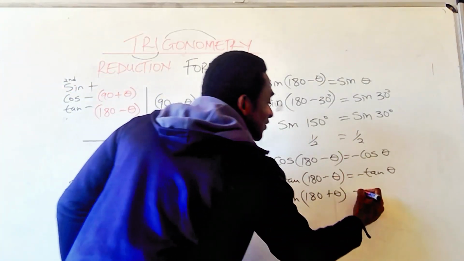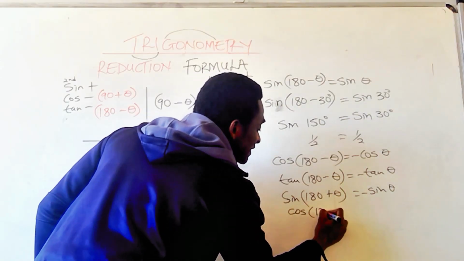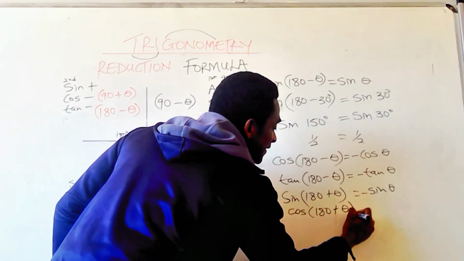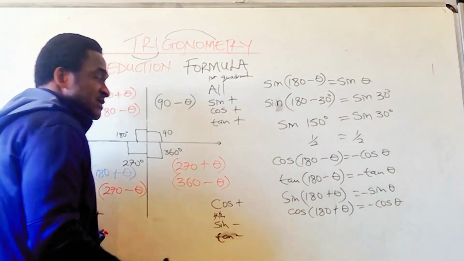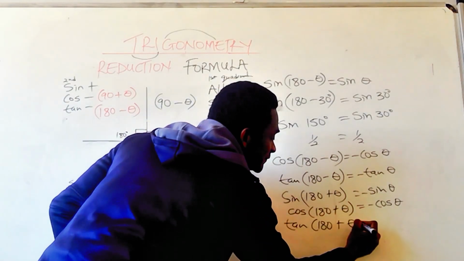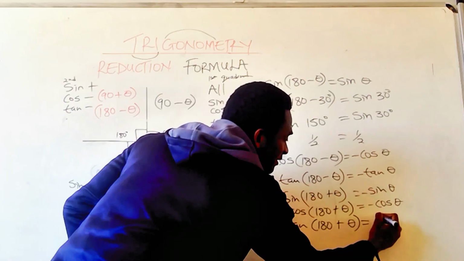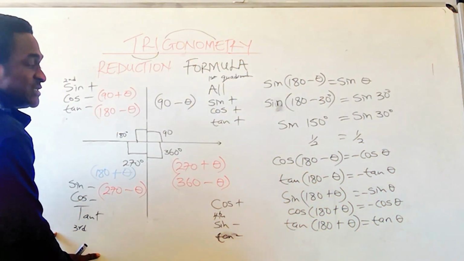Sine is negative, so it returns a negative. Cos of 180 plus theta will return a negative cos theta, because cos is negative in the third quadrant. Tan of 180 plus theta will return positive tan theta, because tan is positive in this quadrant.